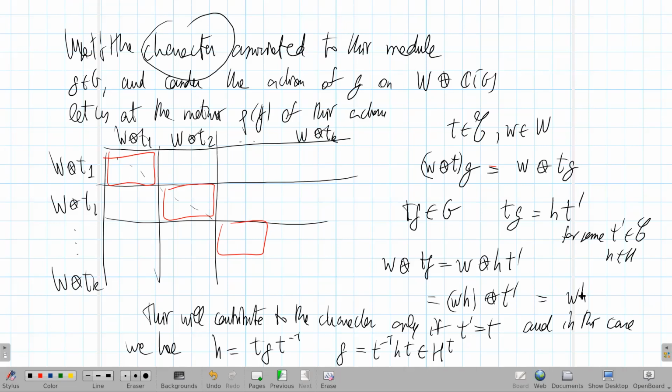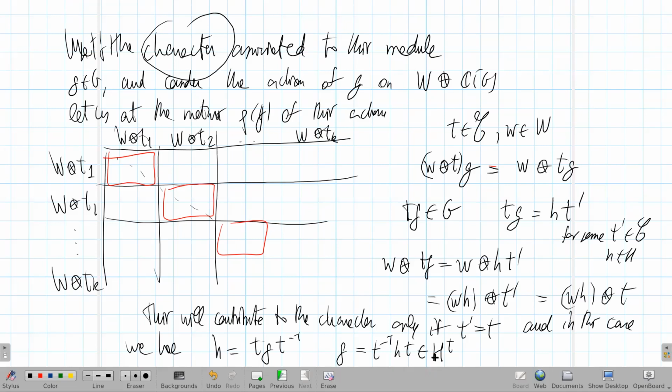So this becomes like this, where the character is the character of this element H. Because on this block, you started with W tensor T and multiplying by G means simply multiplying by this element H. So the character on this block would be the character of the element H. But this happens only when G is in one of the conjugates of H. Good.